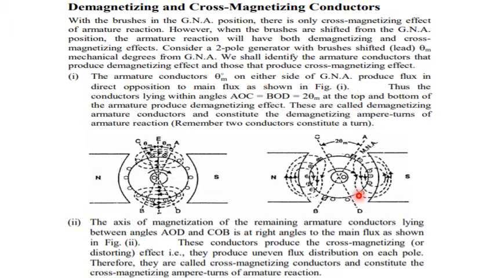Now the conductors in this region are called demagnetizing conductors, which contribute to the demagnetizing ampere turns.